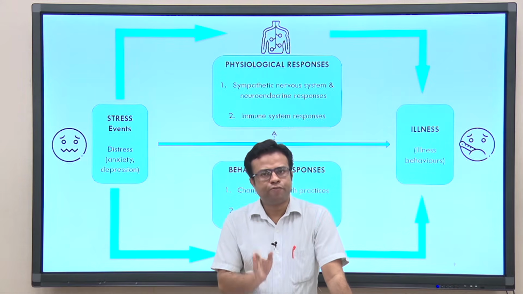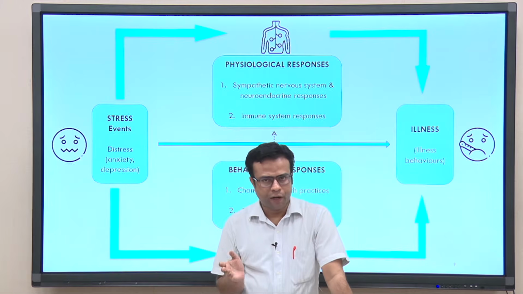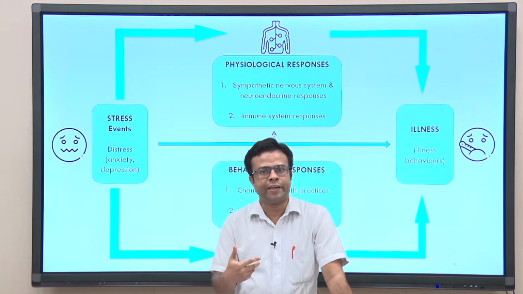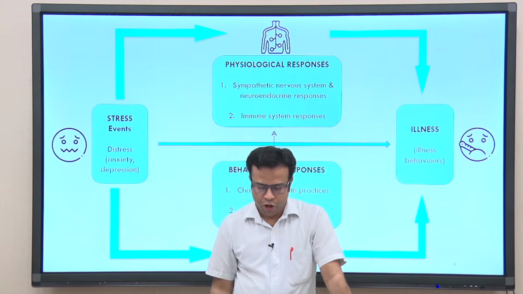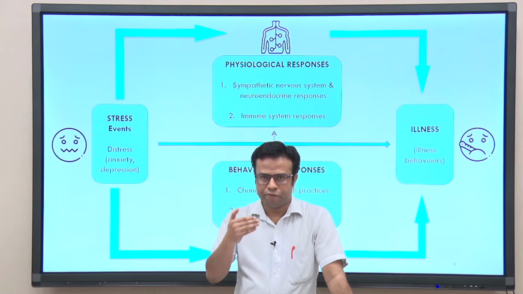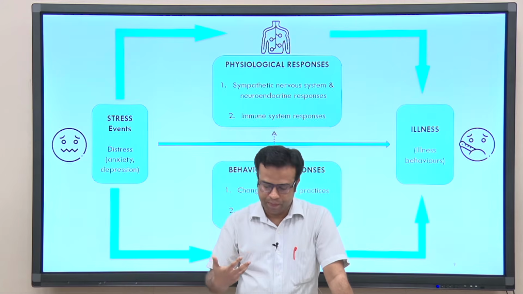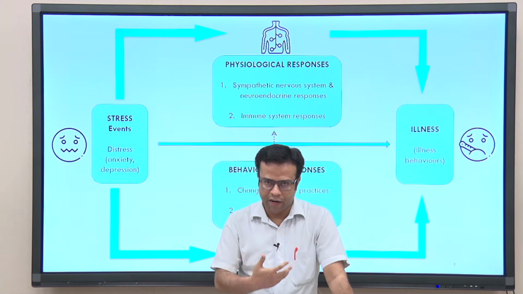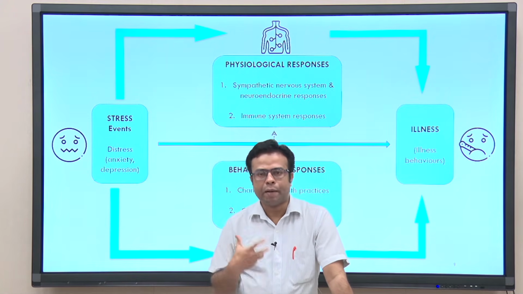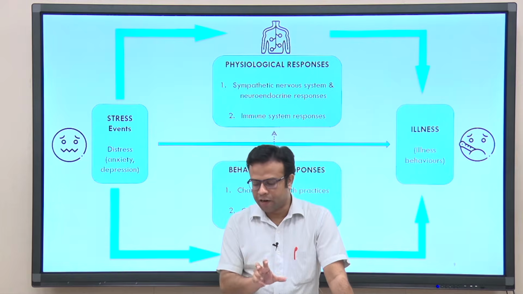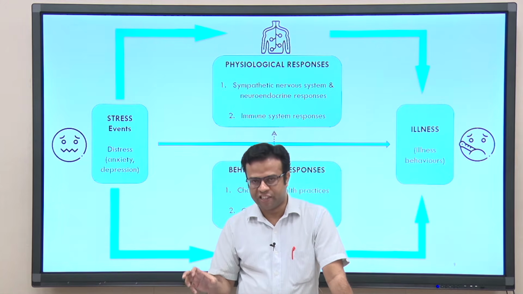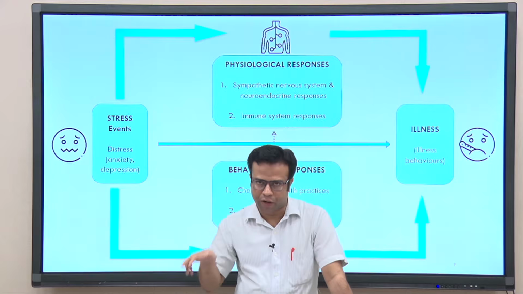Stress may also influence our immune system. This we will discuss in more detail in the next lecture. So, by influencing our physiology, particularly the nervous system, endocrine system and immune system, stress can cause physical illnesses. This is the one pathway.